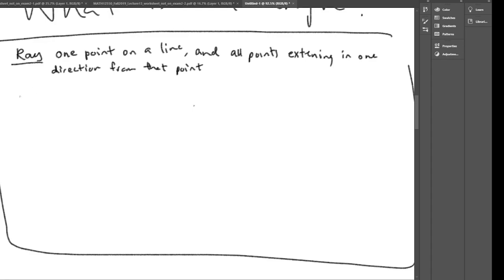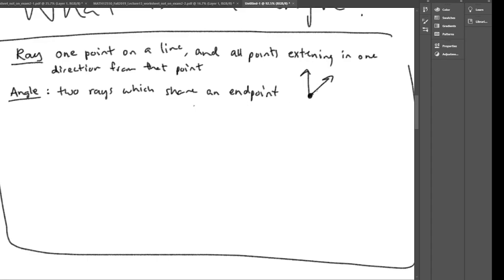An angle is just what happens when you have two rays which share an endpoint. So, for example, if we have an endpoint here, one ray here and one ray here, that's an angle.